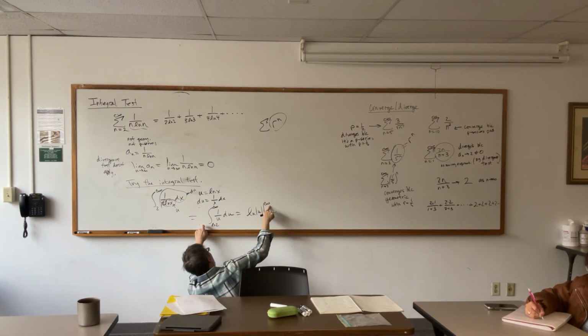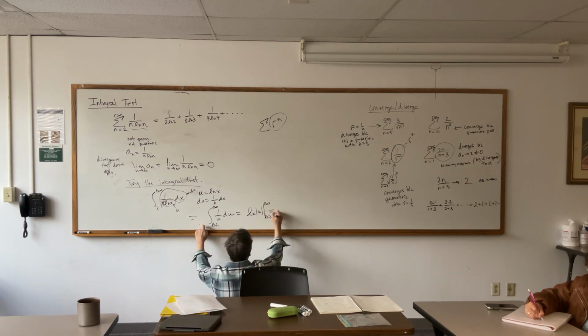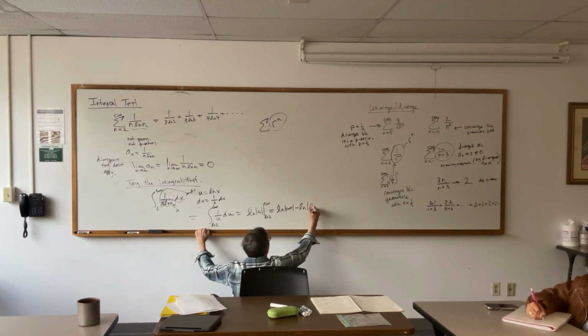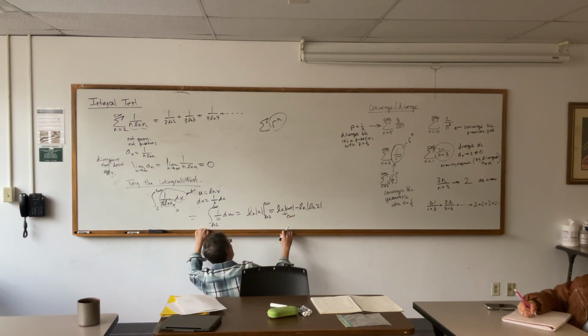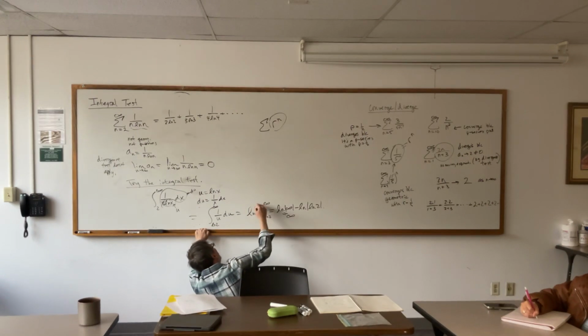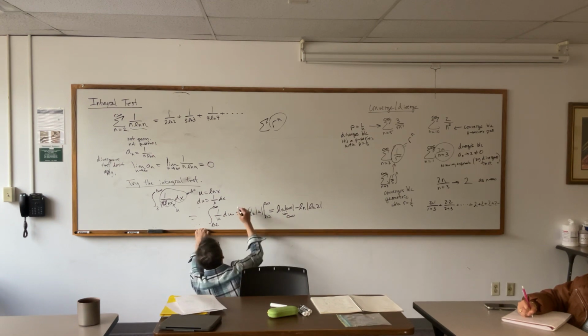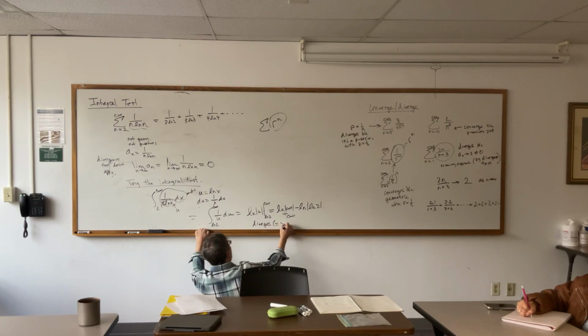That means take the limit there, but I just wanted to get to it. This is infinity. The key thing is this part here is going to blow up as u approaches infinity. So this integral diverges. It equals infinity.